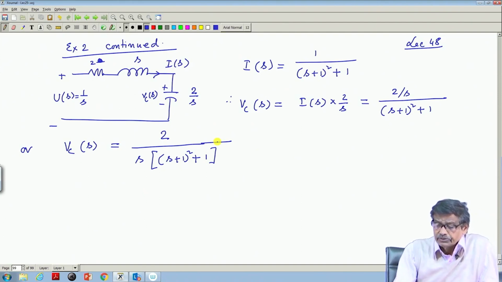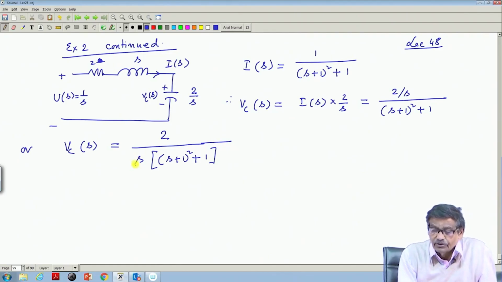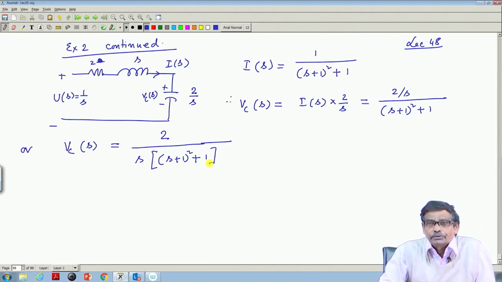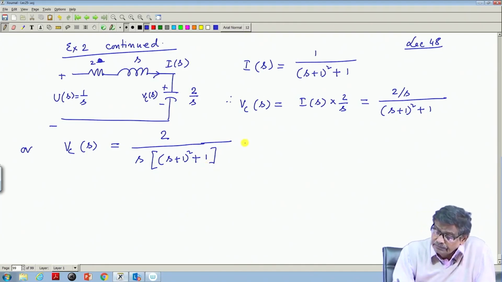Now, here of course, I cannot directly find this one. Earlier, for the current, it was very simple, it was in standard form, this s was not there, but here you have to do partial fractions. How to do it?